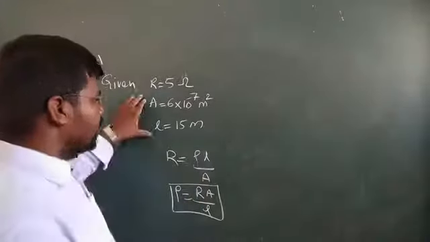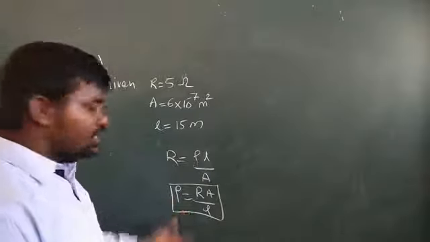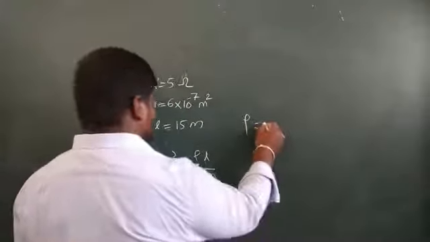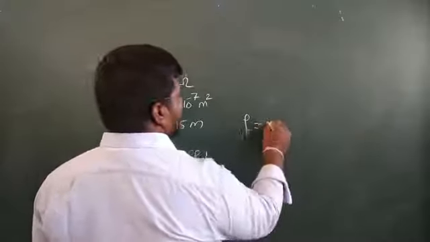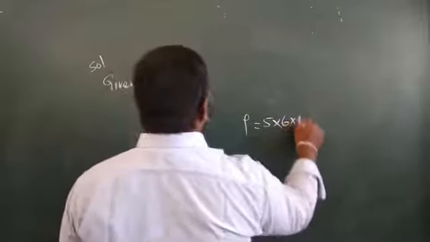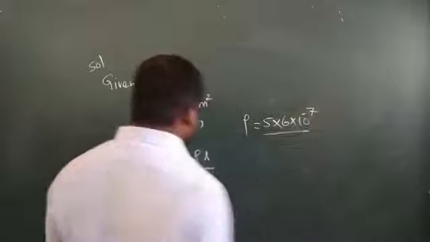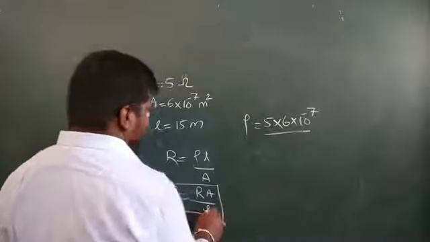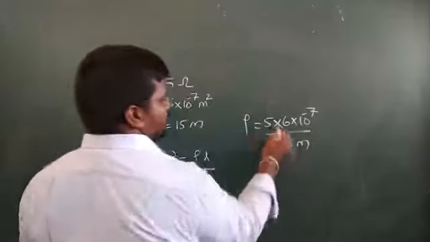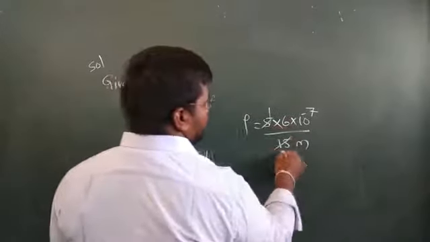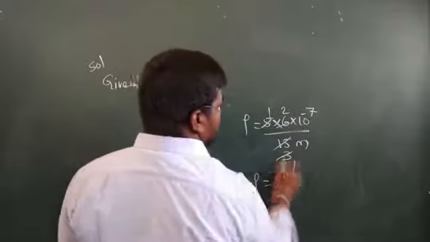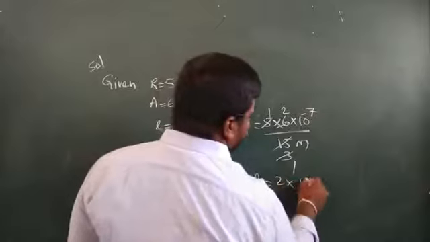We substitute the values: resistivity is 5 ohms, area 6 into 10 power minus 7, divided by length 15 meters. Five ones are 5, five threes are 15, three ones, three twos. We get rho is equal to 2 into 10 power minus 7.